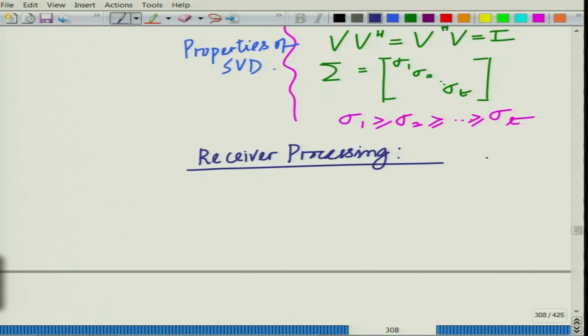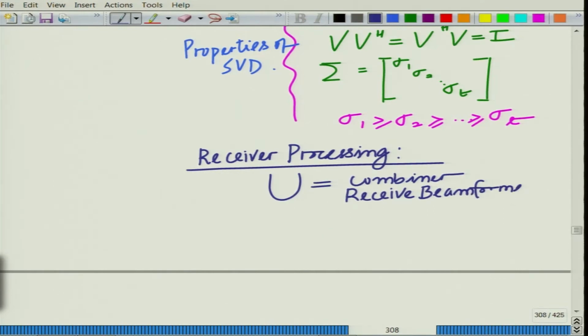At the receiver we perform, so U is the combiner, we call this the combiner matrix or the receive beamformer. Which implies at the receiver we perform U Hermitian Y bar.